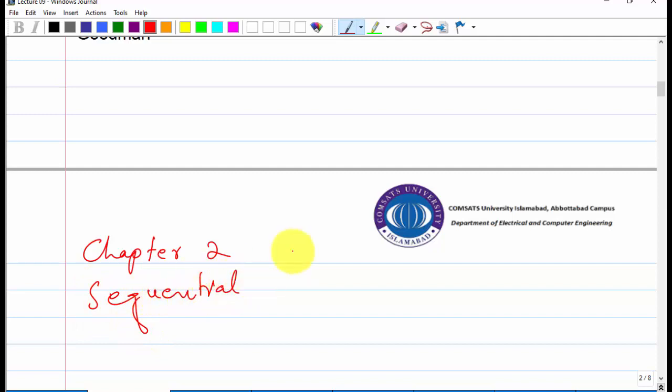In this lecture we will, inshallah, start chapter 2, which is sequential experiments.